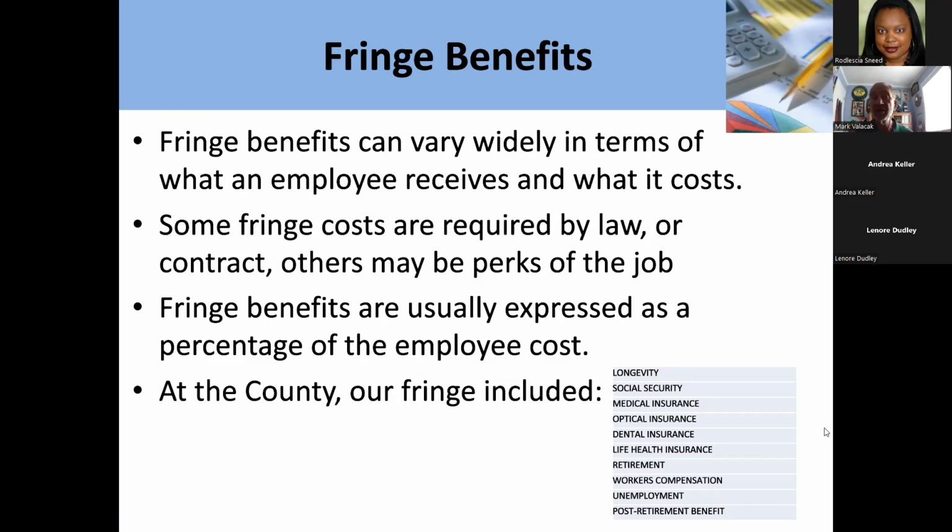We had a retirement plan, and the county also previously had a post-retirement benefit cost because they provided health insurance after retirement for some of their employees. So again, this will vary based upon your agency and the fringe benefits that are part of the package that you provide to your employees.